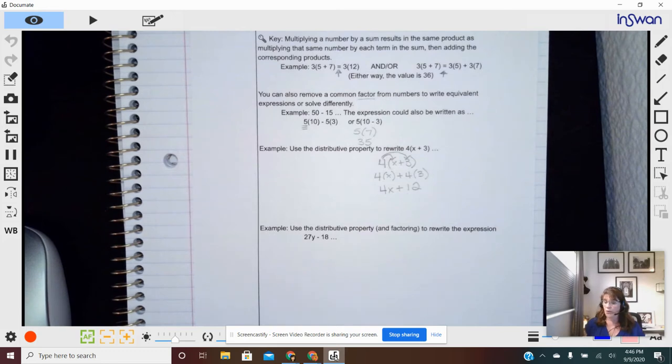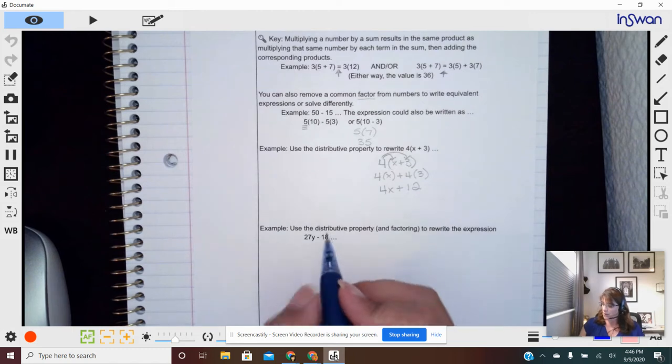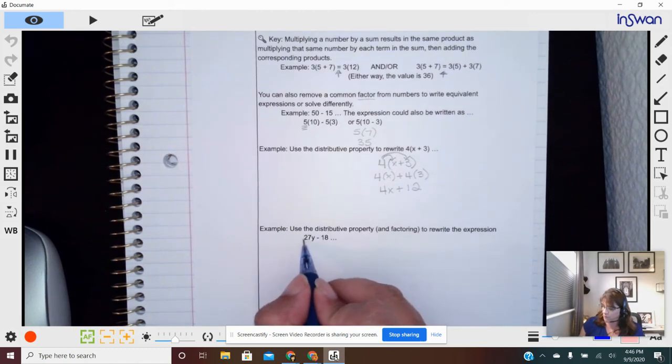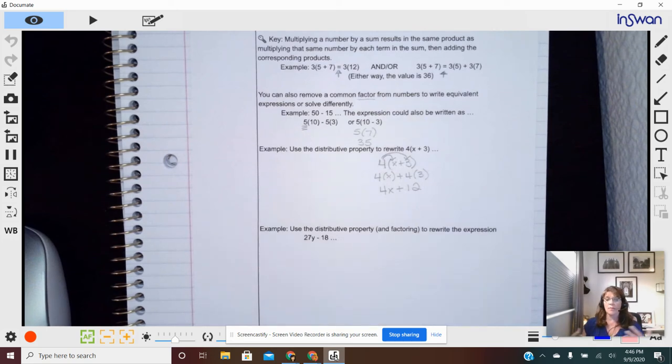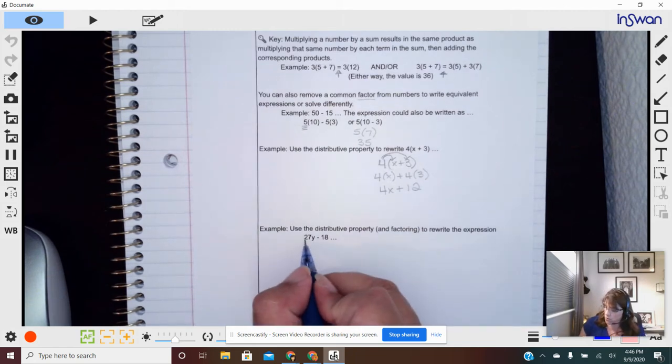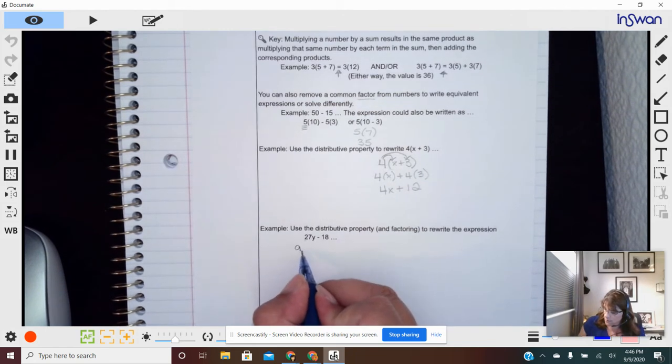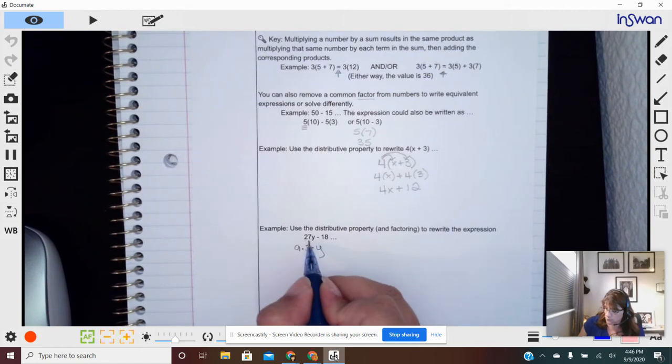Okay, so we're going to use the idea that we did earlier this week of what a factor is, and I'm going to demonstrate it. We will practice it in class as well. So I'm looking for a common factor between these two. What is something they'd be commonly divisible by? Well, for sure 9. So this is 9 times 3 times y.